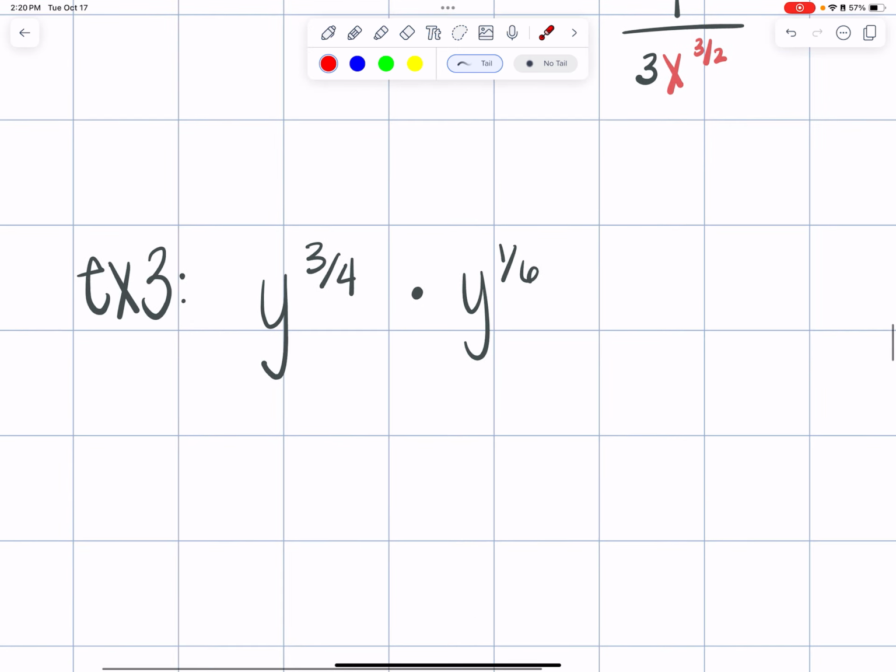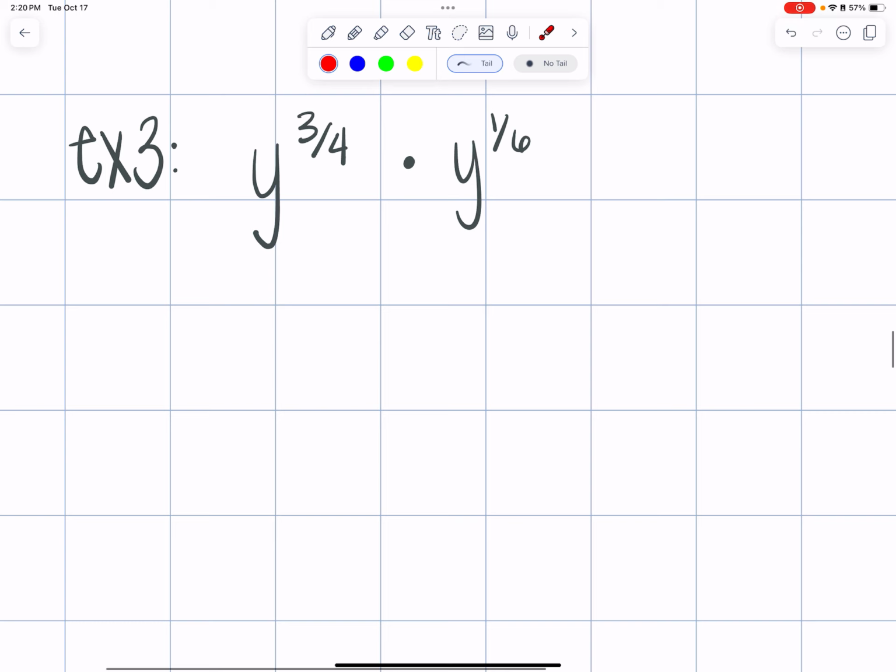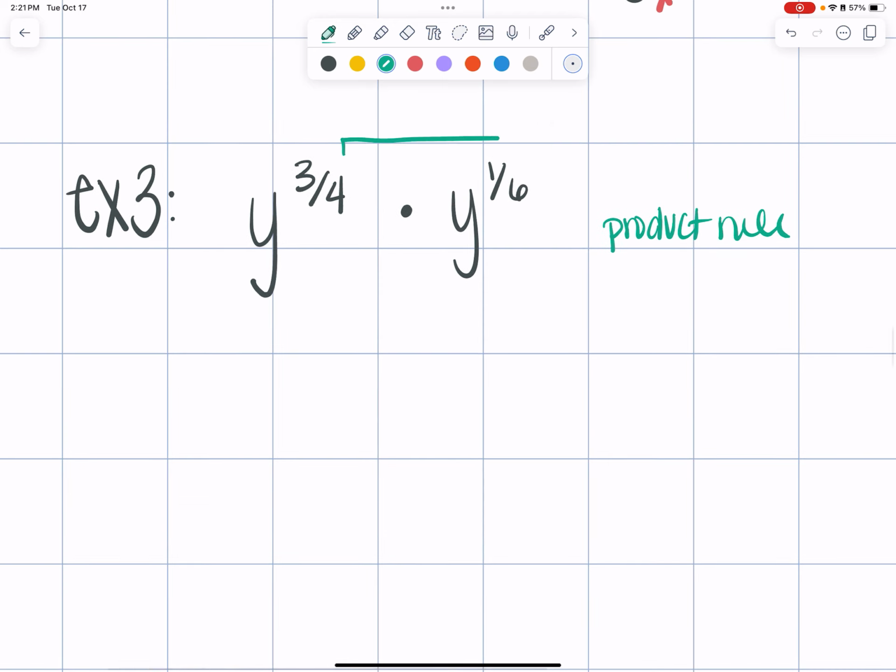All right, here's another one. Example 3. Y to the 3/4 times y to the 1/6. So what I've got is two big bases being multiplied. And so I'm going to use my product rule, which says that if you have two big bases being multiplied, I can add the exponents.